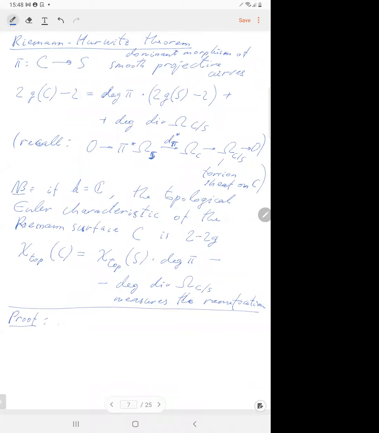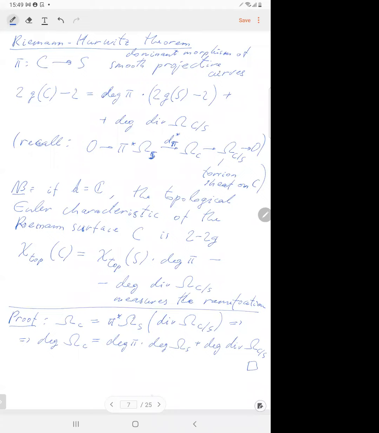So we know that the canonical class upstairs is the pullback of the canonical class downstairs, but twisted with the divisor of the relative dualizing sheaf, and hence the degree of the canonical class upstairs is the degree of pi times the degree of the canonical class downstairs plus the degree of this divisor. And well, that's it. Nothing else to prove.